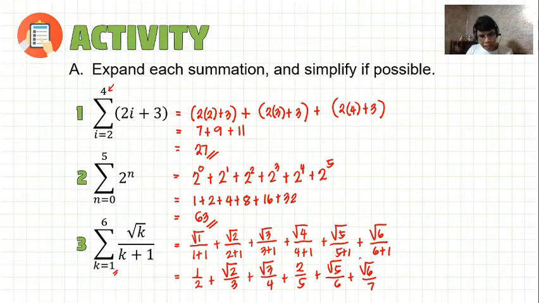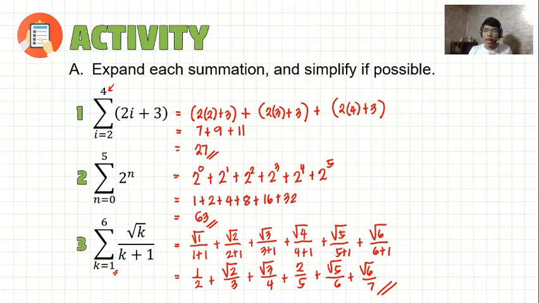Now, observe that the terms here cannot be added. Okay? You cannot simplify or add square root of 2 plus square root of 3. So, therefore, this will be your final answer. Okay? So, that's your answer for number 3. So, I hope you got that.